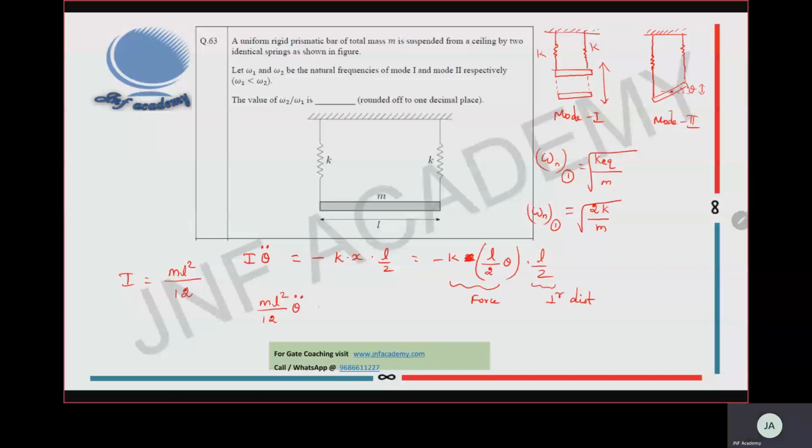I can bring the right hand side terms to the left hand side: KL square by 4 theta is equal to 0. Now we can divide the whole by ml square by 12, plus KL square by 4 into 12.